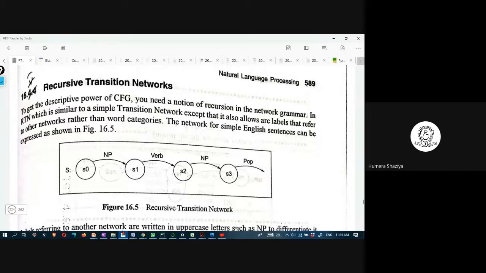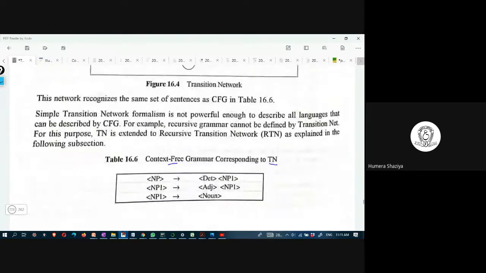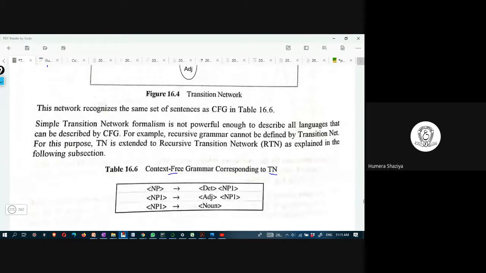Recursive transition network. Simple transition network is not powerful. It is very simple and it cannot describe all languages. It can describe only languages specified by context-free grammar. And recursive grammar cannot be defined by a simple transition network.